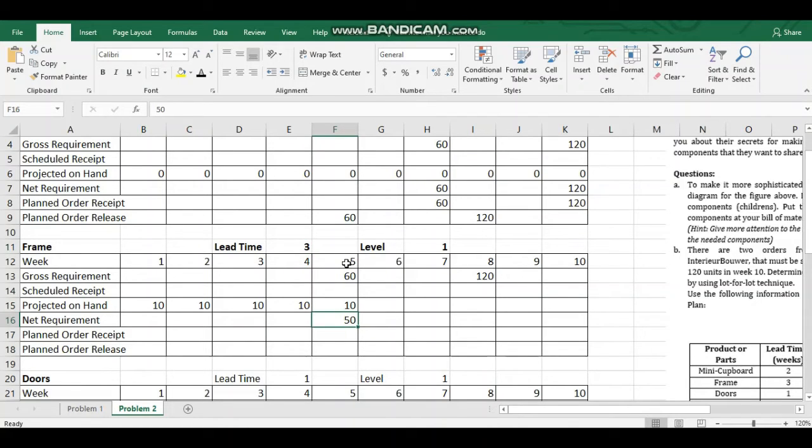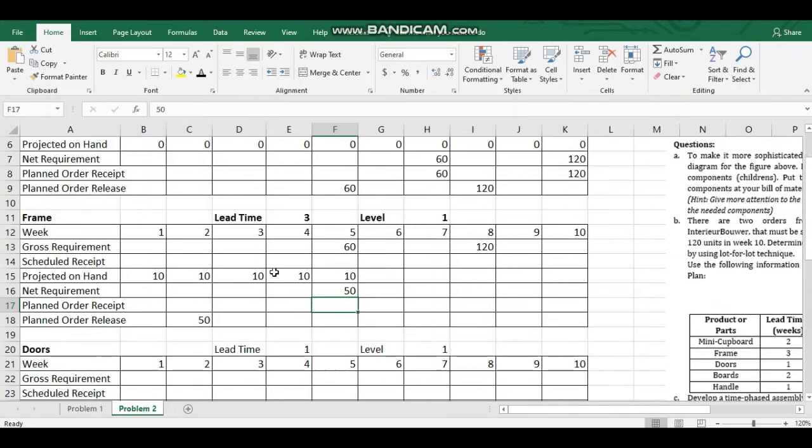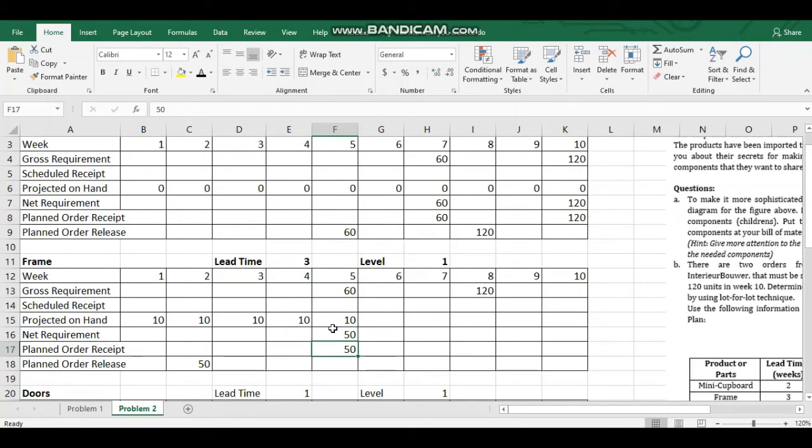So we order in week 5 minus 3, which is week 2, as much as 50. And it will be received here, and the planned order receipt plus inventory on hand will be used to fulfill the gross requirement.